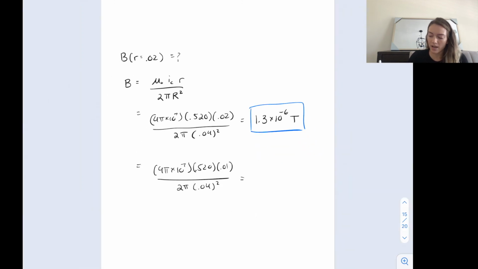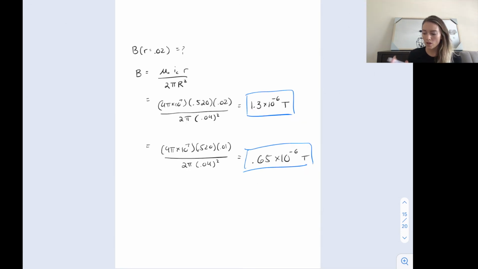Or you could just divide this answer by 2, since you're just changing this distance. Either way, you get the same answer. So this comes out to 0.65 times 10 to the negative 6 Tesla. Okay, so that's a problem with the displacement current.